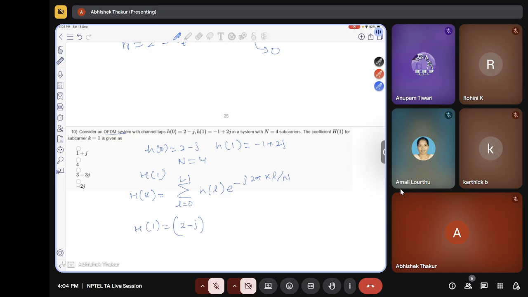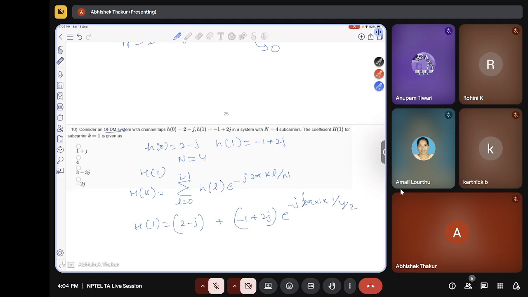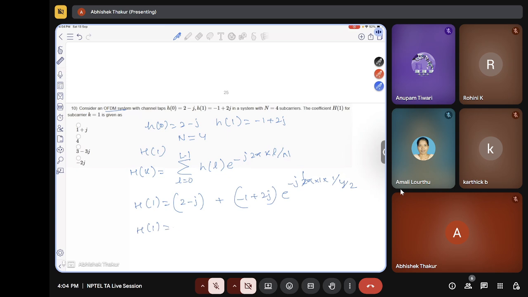So that's why 2 minus J plus minus 1 plus 2J e to the power of minus J 2 pi, K is 1, L is 1 divided by 4. So H1 is equal to 2 minus J plus minus 1 plus 2J e to the power of minus J pi by 2.